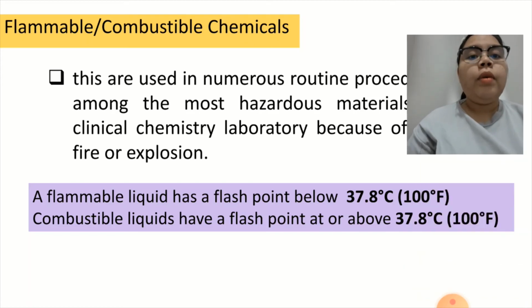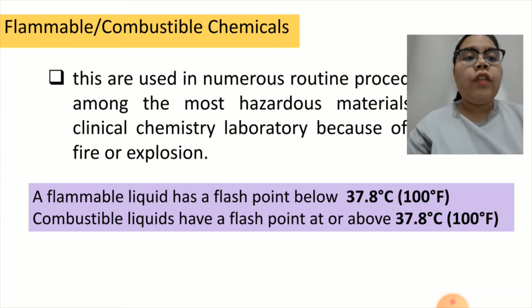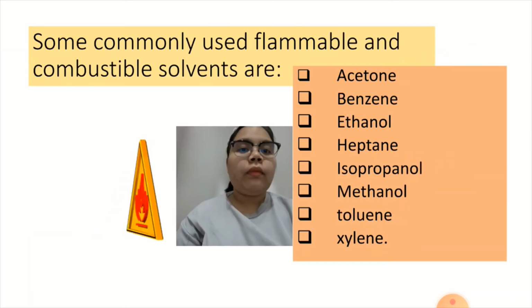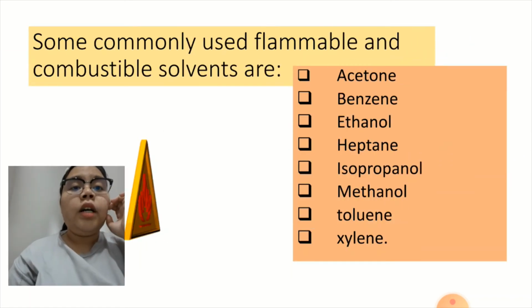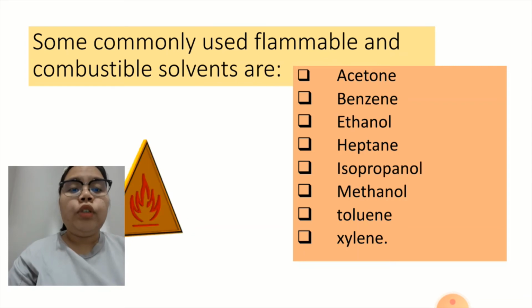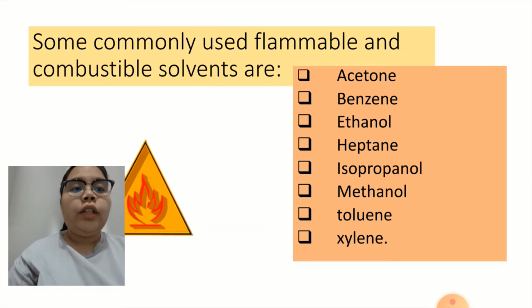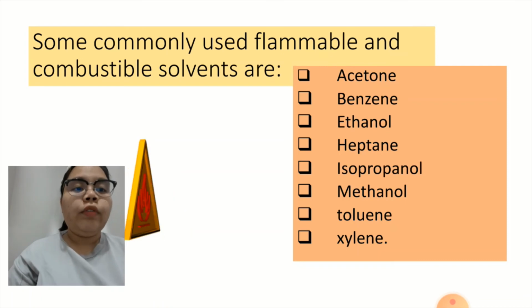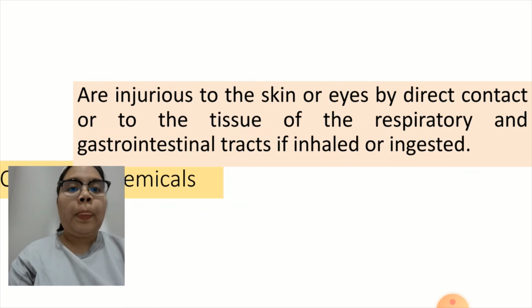A flammable liquid has a flash point below 37.8 degrees Celsius, and combustible liquids have a flash point at or above 37.8 degrees Celsius. These are some commonly used flammable and combustible solvents.